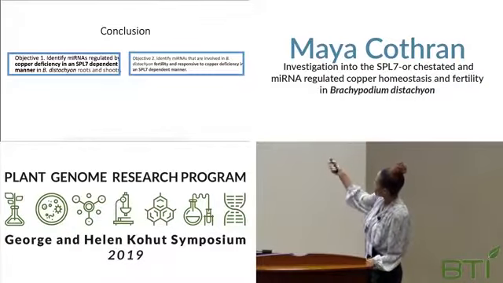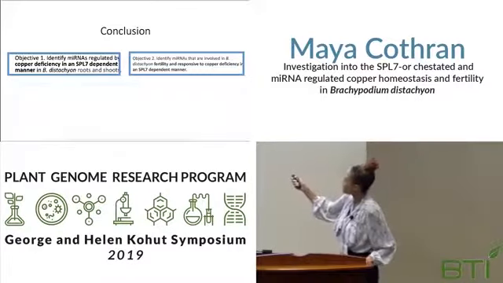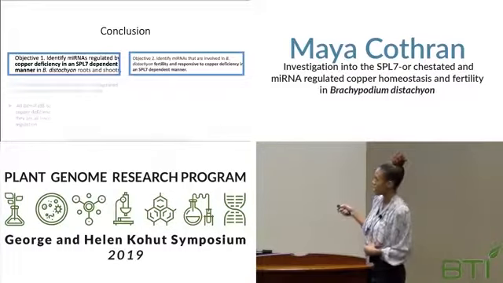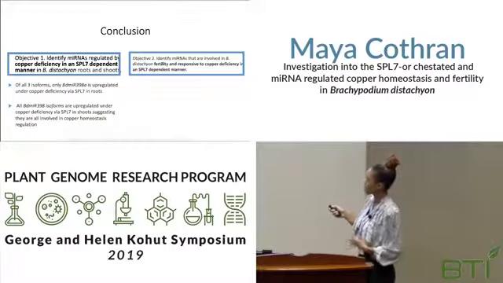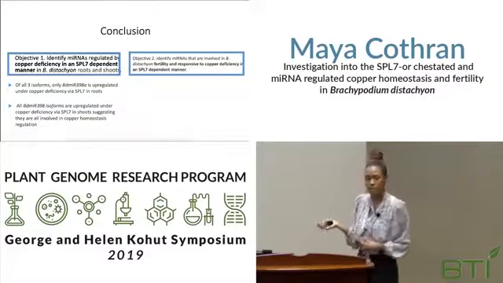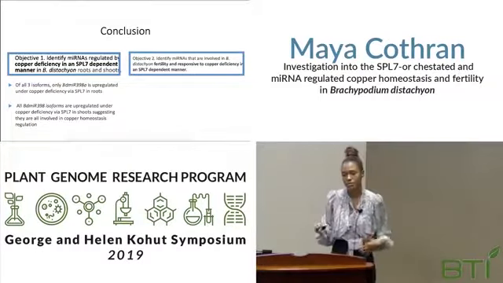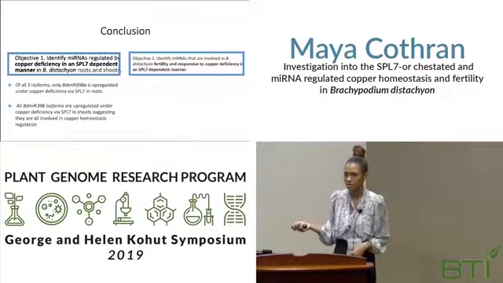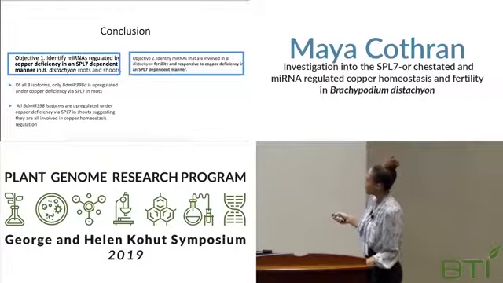bring you back to my objectives, we see that for the regular copper deficiency in the SPL7 manner in Brachypodium, all 3 isoforms are upregulated in copper deficiency under SPL7, which means they all seem to be working in this copper homeostasis regulation system.